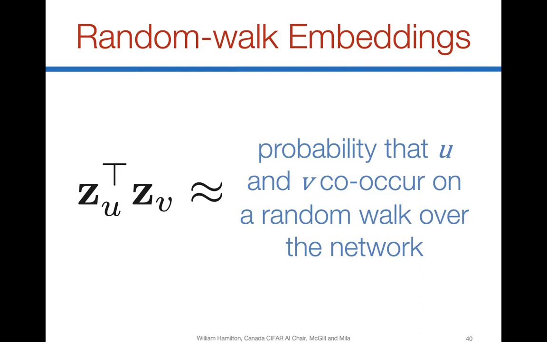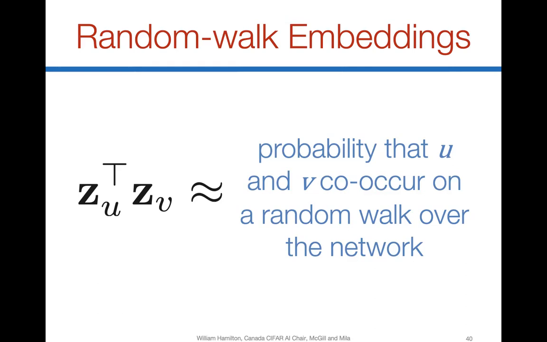But instead of trying to rely on the direct adjacency matrix or some power of the adjacency matrix, what we do with random walk embeddings is we try to optimize our embeddings so that the dot product between the node embedding for node U and V approximates the probability that these nodes co-occur on a random walk over the graph or network.